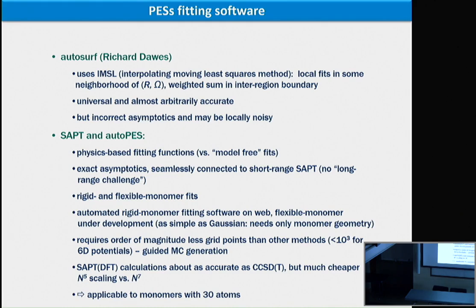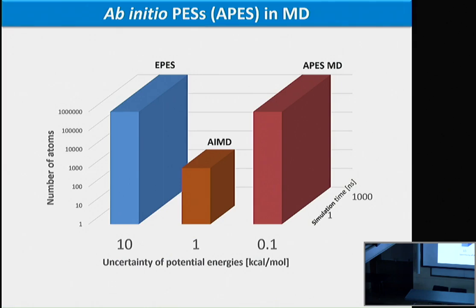We use mostly a version of SAPT based on density functional theory, but the regular SAPT can also be used. SAPT(DFT) is about as accurate as CCSD(T), but much cheaper because it scales like the 5th power of system size instead of the 7th power, which is a very big difference. In fact, you can omit some small terms and then it will scale as the 4th power only, which is basically like the scaling of hybrid DFT. And as I already said, it's applicable to monomers with up to 30 atoms.